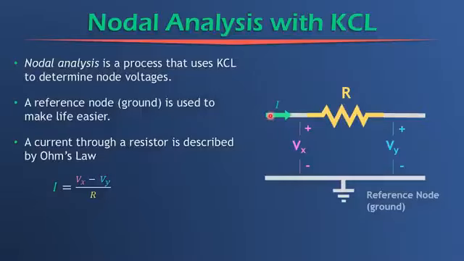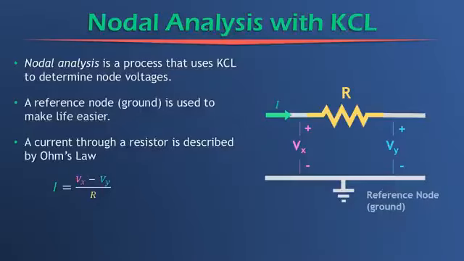Well, because the current is going in the direction to the right, meaning that there would be a lower voltage at this point than there would be at this point Vx, because a resistor creates a voltage drop.